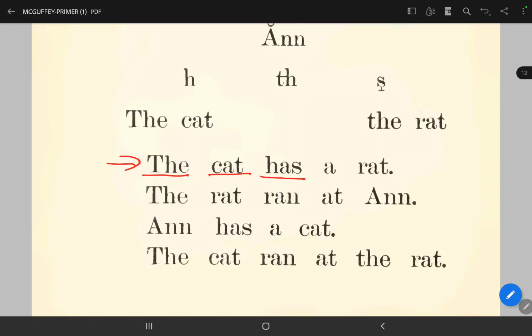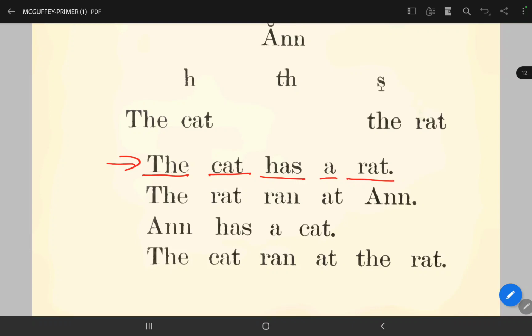And the English short A, ha. And then we learned the English voiced S says z, has. The cat has. And here we have that one-letter word you learned before, A. The cat has a. You know by the picture what this last word probably is, right? The cat has a rat.